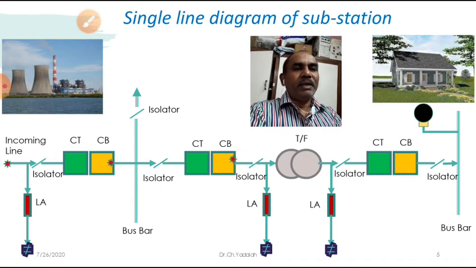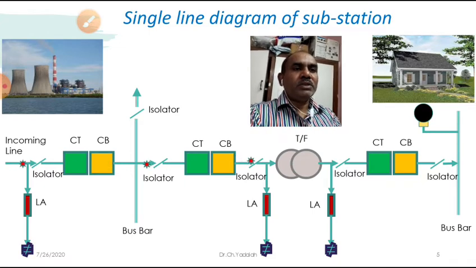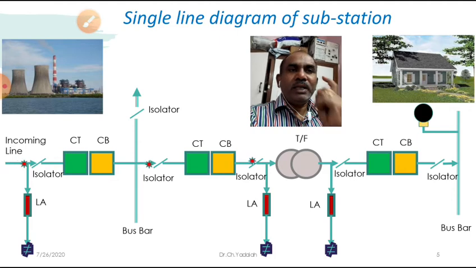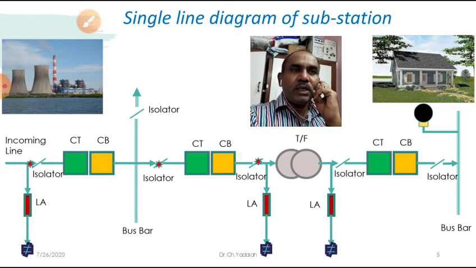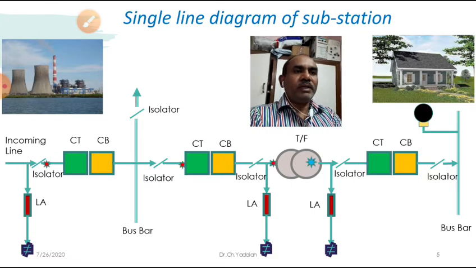Whatever the primary voltage, that may be 220 kV or 132 kV, it is stepped down to, say, 33 kV on the secondary side. After switching, it automatically steps down the voltage, then goes to the circuit breaker once again.